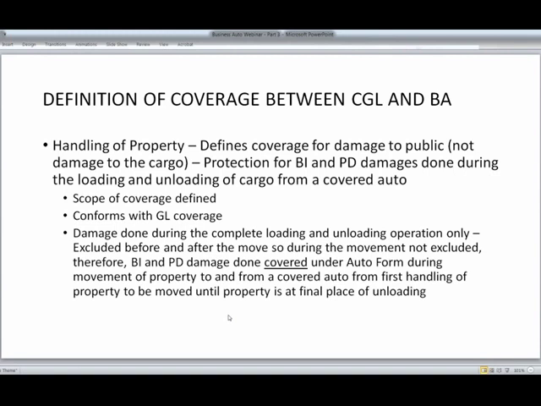The damage done during the completed loading and unloading operation, this is a completed operation, excludes before and after the move, but during the move is not excluded. Therefore, bodily injury and property damage is covered under the auto form during movement of property to and from a covered auto, from the first handling of the property to be moved until the property is at its final destination.